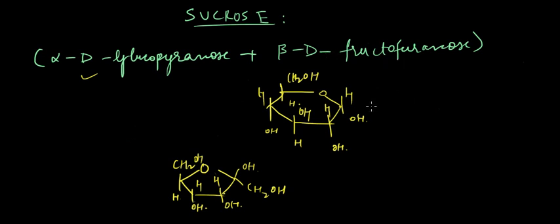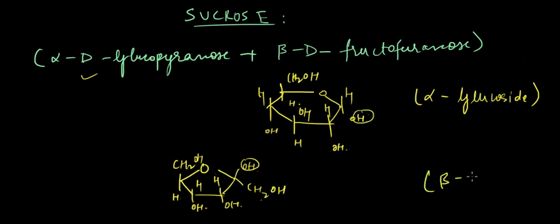Alpha D fructofuranose would be nothing but CH2OH coming over the plane. Now we'll have something like this: this would be alpha glucosidic and this would be beta fructosidic. So what do we mean by it? We mean that the OH from the alpha glucoside would be connecting with the OH from the beta fructoside.